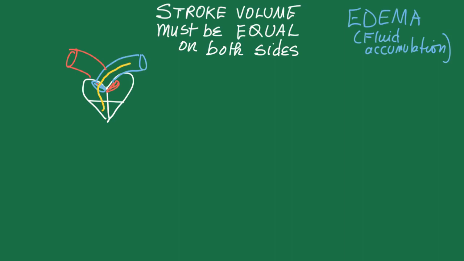So here's an example of what happens when the right side is pumping more than the left. The right side is shown by the solid arrow and the left side is shown by the dotted arrow.